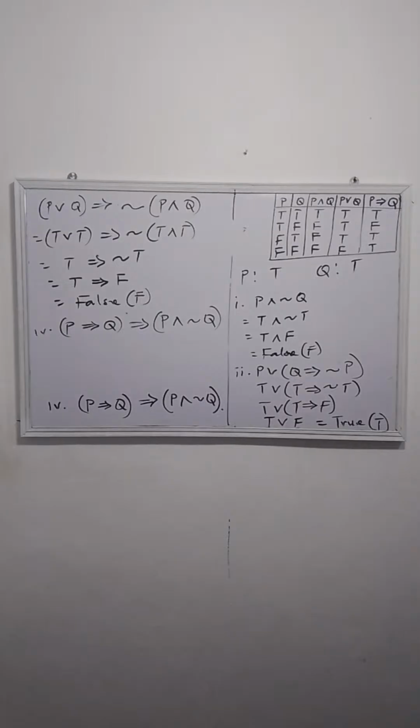Let's find the truth value for P implies Q implies P and negation of Q. Okay, someone has dropped an answer. Omolara has dropped an answer. I can see false. Yes, is there another one? Another person?